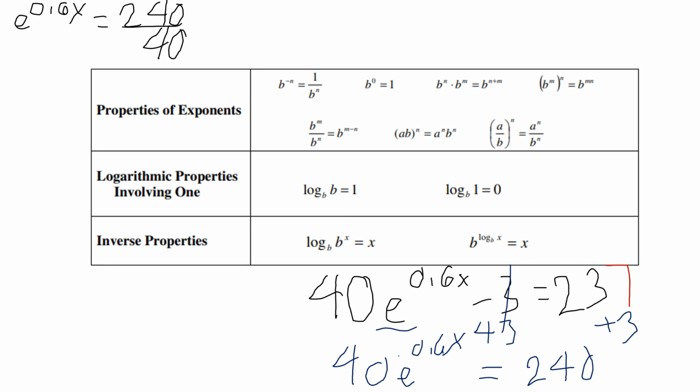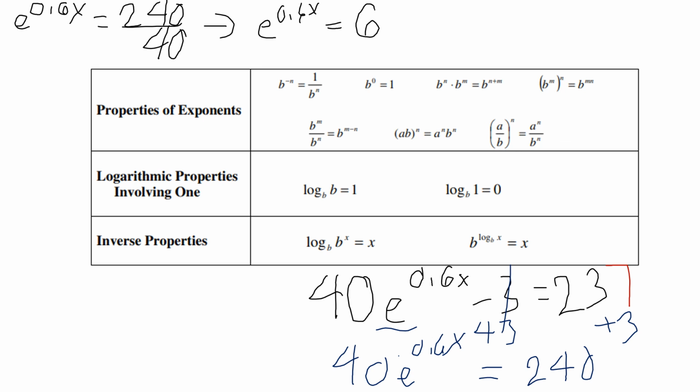And you're going to be left with 6. So e to the 0.6x equals 6. Now, we're not finished yet. We're almost there.